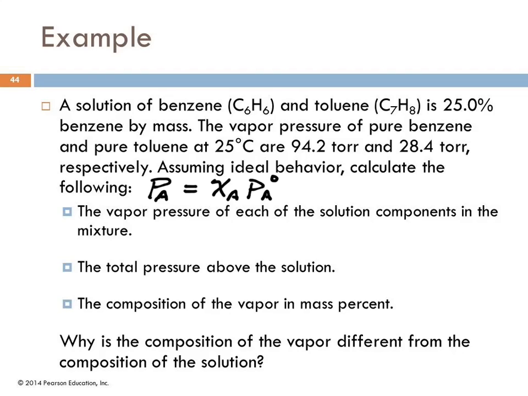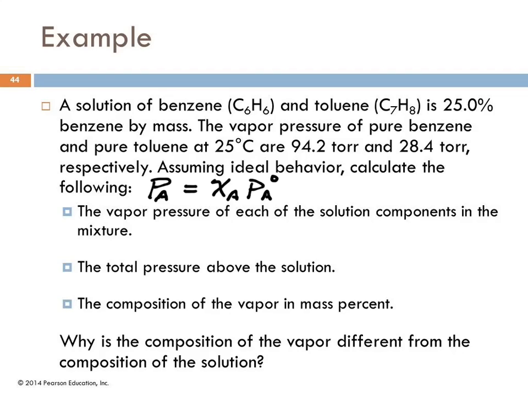So what we need are the mole fractions of these two components. Can we figure that out? Yeah. Is it going to be super simple? No. We're going to have to think about it.